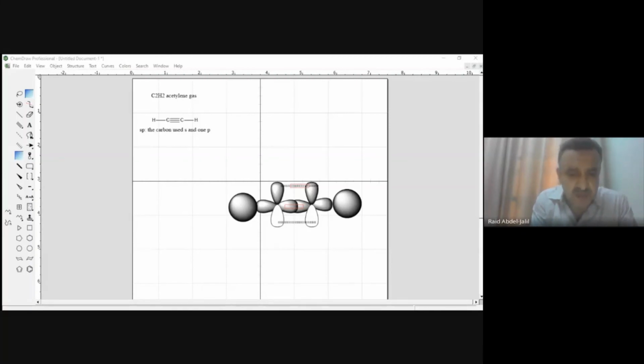So there will be sigma formed by overlap of sp with sp, and there will be a pi formed by the overlap of px, and a second pi formed by the overlap of pz, for example.